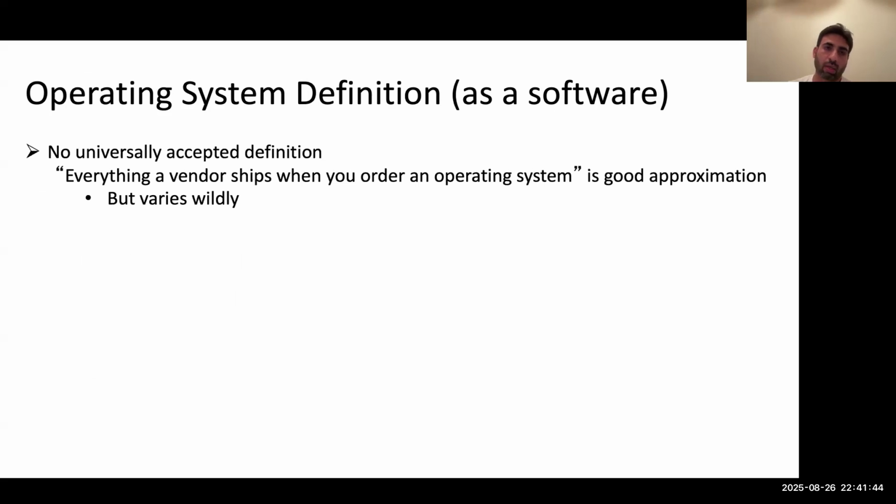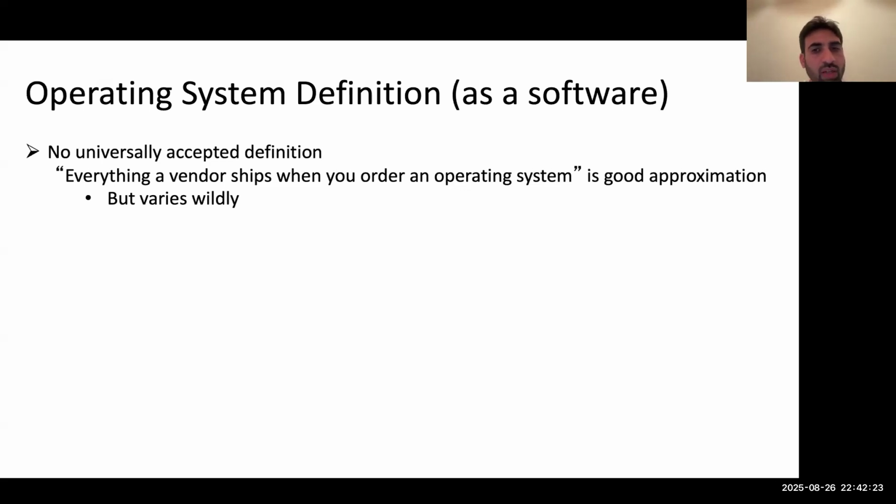So in the previous slide, we said that the operating system is a code or a program which is responsible for coordinating and controlling the hardware and sharing the hardware resources among multiple applications. But that is just an understanding of how you define an operating system. There is no universally accepted definition of what an OS is, right? One definition is that everything a vendor ships when you order an operating system is the operating system.